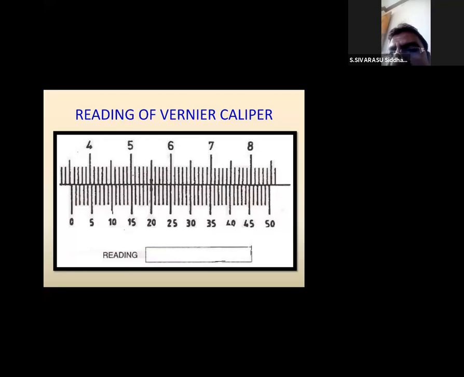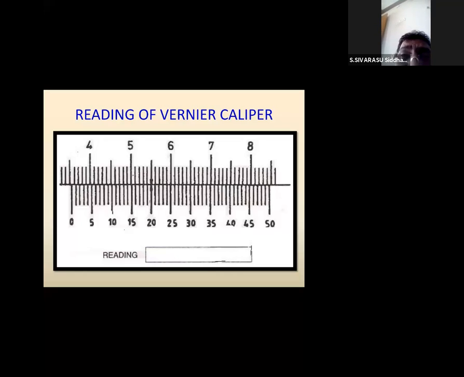Now you can see that here there is already the 35th division. The vernier scale division 0 line is in between the 35th and 36th division.